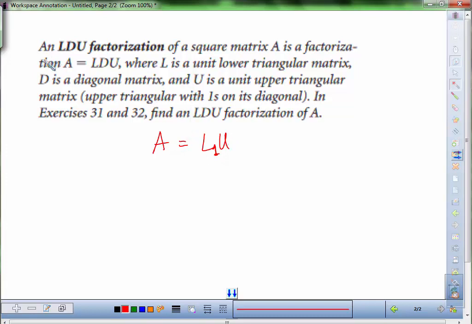So what they're saying here is the LDU factorization is that A can now be broken up into a unit lower triangular times a diagonal matrix with just numbers on the diagonal and zeros everywhere else, and then the upper triangular is now a unit upper triangular.